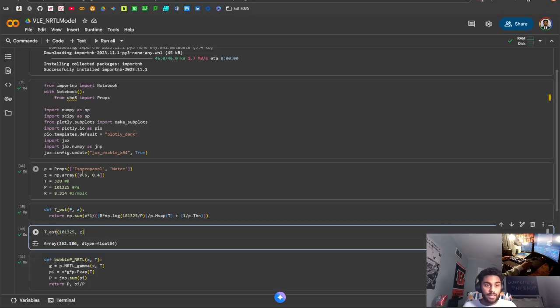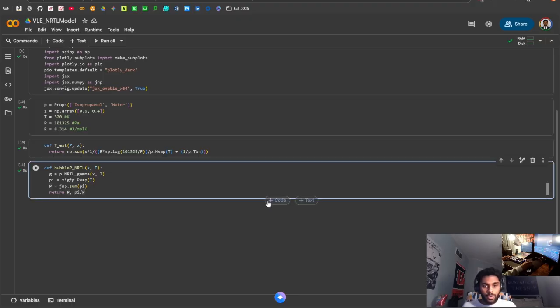So since it's a 60-40 mixture, we're weighted more heavily on the isopropanol side than we are on the water side. So this gives us a nice little function that allows us to do an initial temperature estimate, a good temperature estimate, for when we go through and do our bubble temperature calculation.